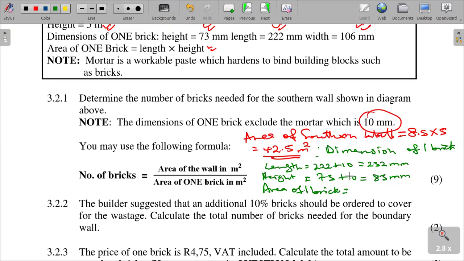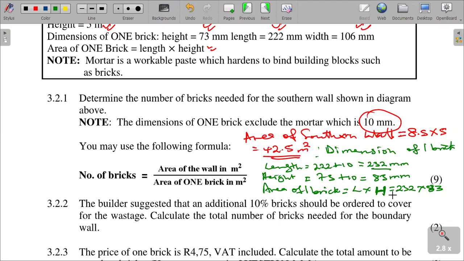And then area of one brick is obviously length times height. So we have got our 232, which is the length, times 83.